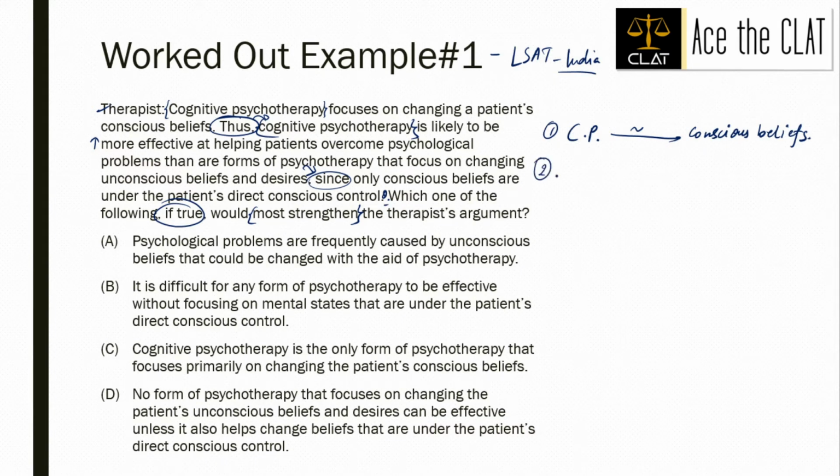Okay, the second piece of evidence is that only conscious beliefs are under the patient's control. And what is the conclusion or the claim? That cognitive psychotherapy is likely to be more effective. That CP is likely to be more effective than other forms of psychotherapy.